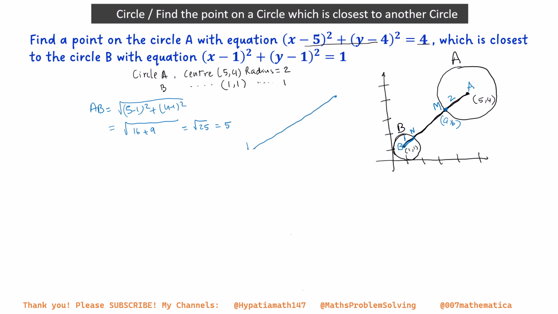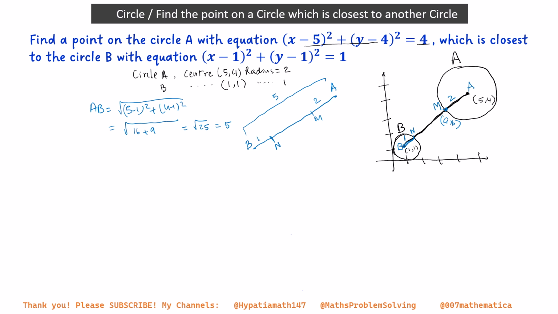If you had A and B and this whole thing is 5, have this bit as N, and here we have M, and we know this is 2, we know this is 1.